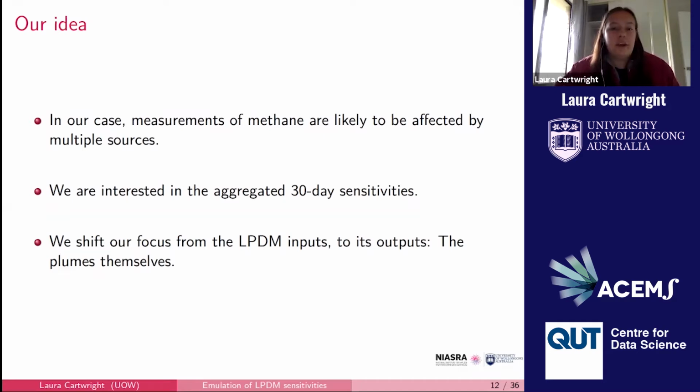The other thing is that we're interested in these aggregated sensitivities over 30 days, which also makes it harder to emulate instantaneous outputs from the Lagrangian model, because you're not really going to save much time. So instead of focusing on the inputs of the Lagrangian model, we're going to shift our focus to the outputs, which are the plumes themselves. We're going to ask, can we take information from the plumes and build new plumes based on that, rather than involving parameters of the model to start with?